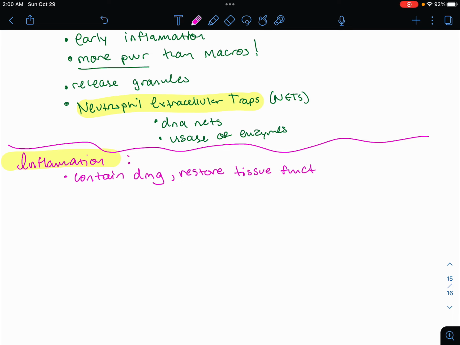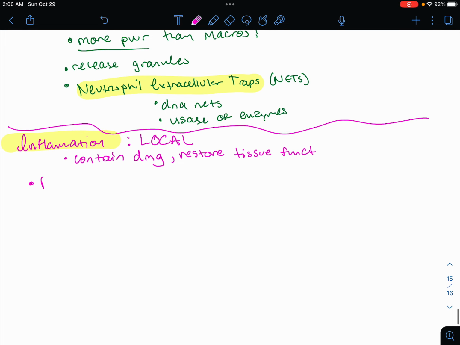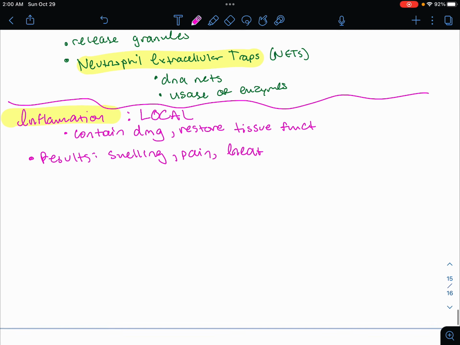And the biggest thing, it's local. It's going to localize that damage. Results in swelling, pain, and heat. And sometimes loss of function.